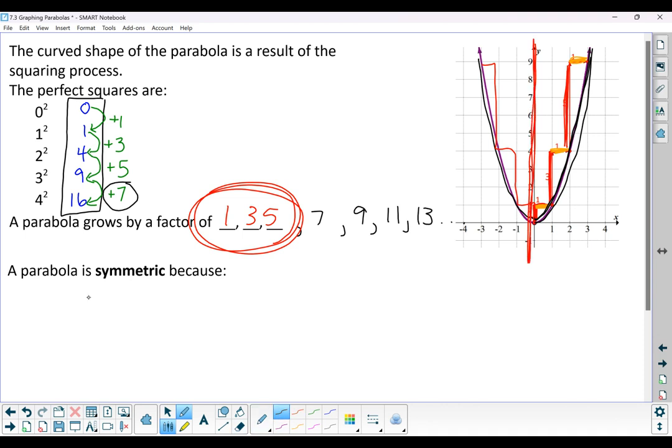Parabolas are symmetric because if I square a number, it's the same as if I square the negative version of that number. So when I square a 2, I get 4. When I square a negative 2, I get that same number. So that's where the symmetry of the parabola comes from: squaring is the same for both a positive input and its negative equivalent input.